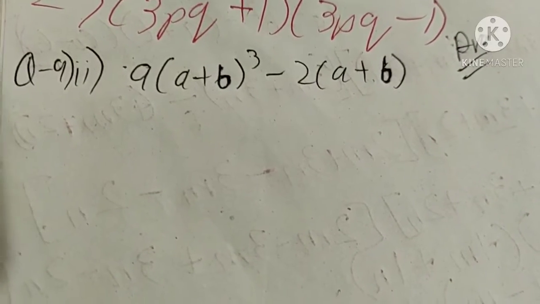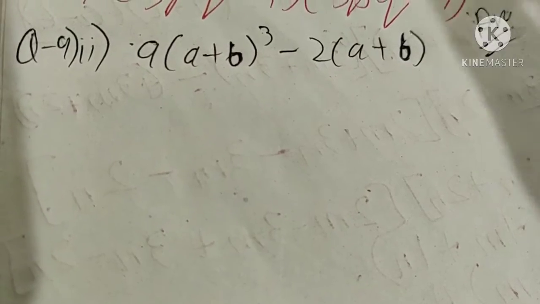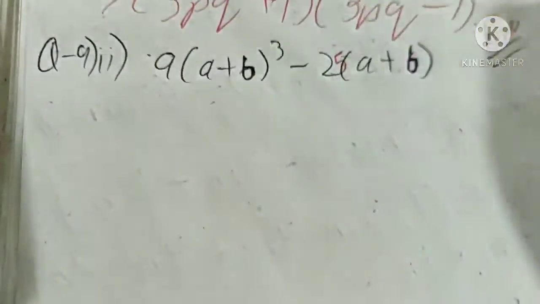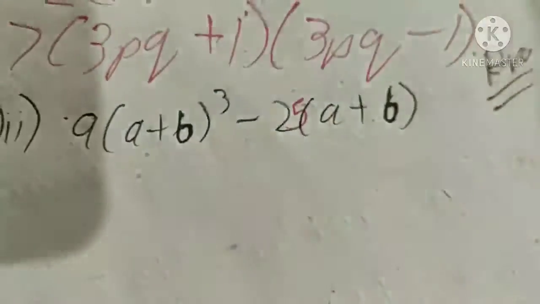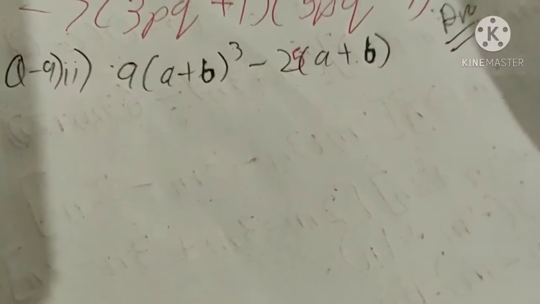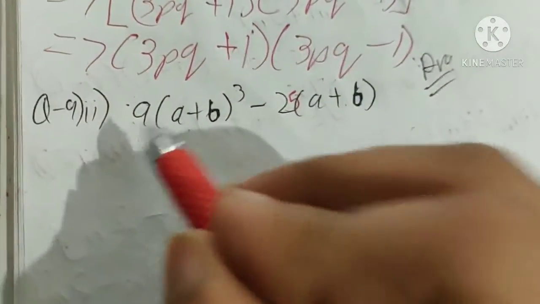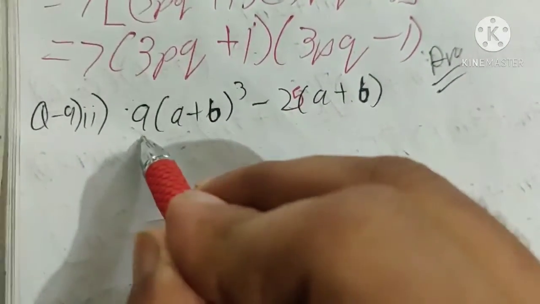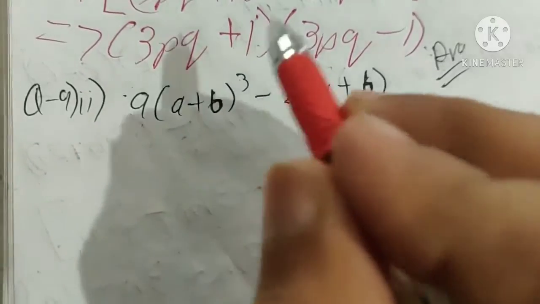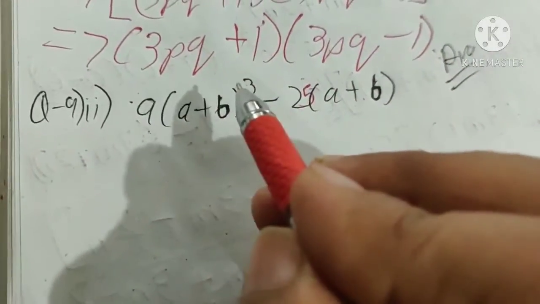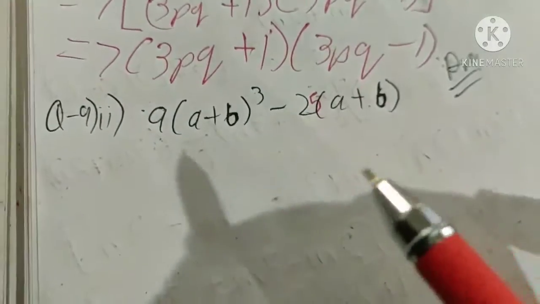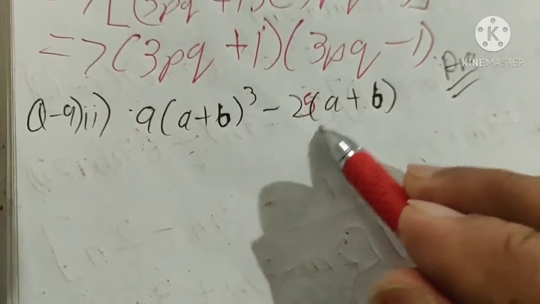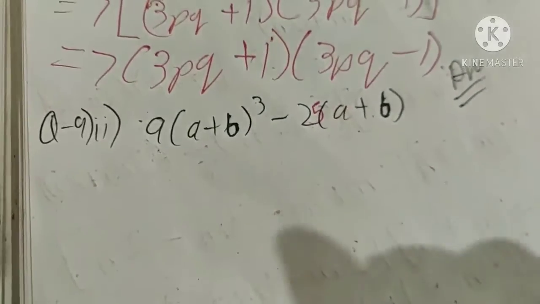So the next question here is 9(a+b)^3 minus 25(a+b). First, we always check whether there is something common or not. 9 into (a+b)^3 means (a+b) is present 3 times, and minus 25 into (a+b) means (a+b) is present 1 time.